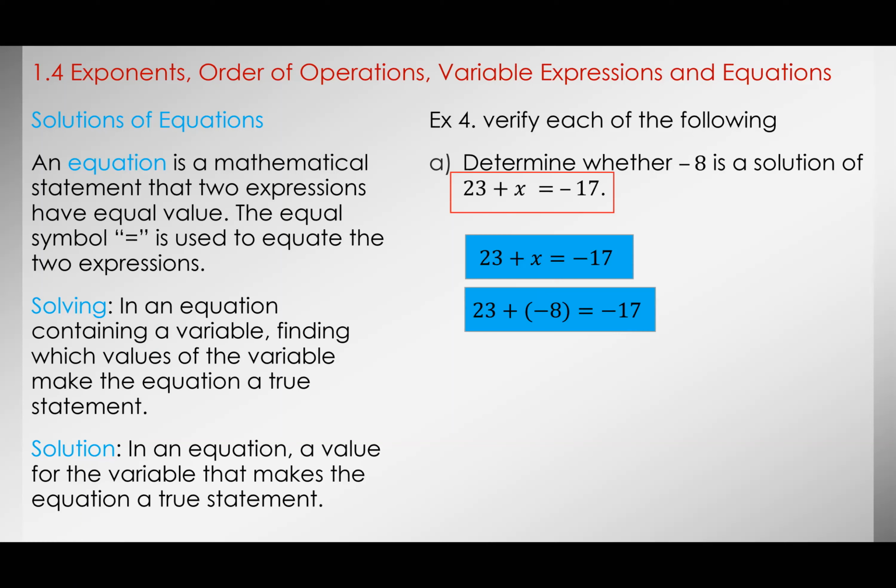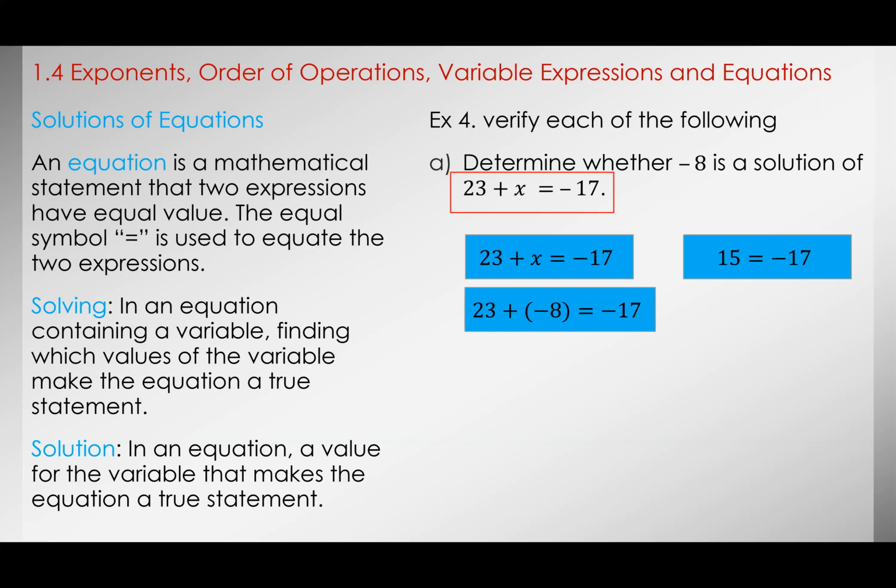Your goal is to see if the left-hand side is equal to the right-hand side. Do you agree that 23 plus -8 is the same as 23 minus 8, which gives you 15? Clearly, you can see that 15 is not equal to -17.